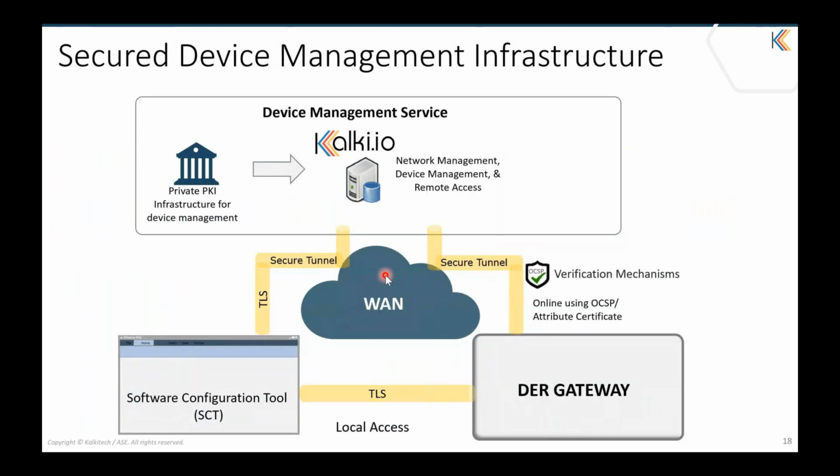So this is the secure device management. You can see that the Calcio device management system software, or Calcio Data Hub, can also have a role-based access control mechanism, where you can have the users configured in the Calcio cloud, and each user can be provided with access permissions to access the gateways or configuration.